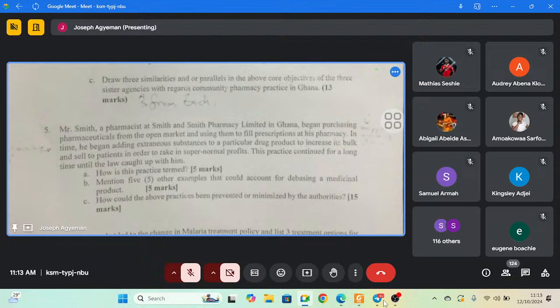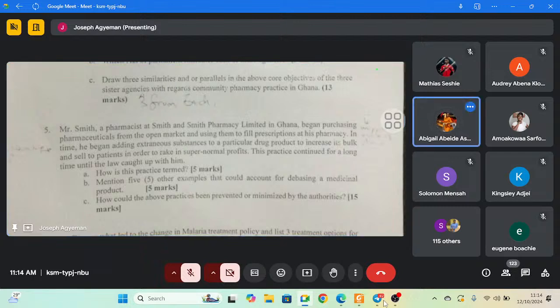At this time, in what scenarios can we say that you have committed adulteration? You've adulterated the medication. That is what we are looking for. One of them is adding extraneous substances to increase the bulk, as they've stated in the case, for supernormal profit. What else? 5 other scenarios.